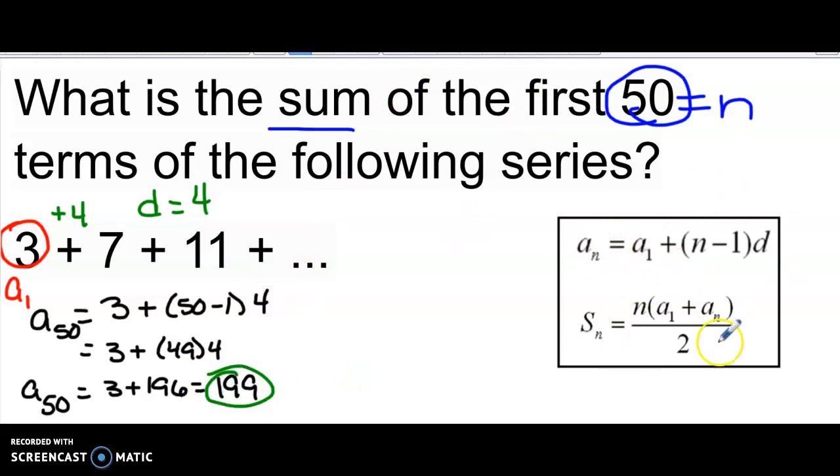Now I'm going to plug all of it into my sum. Remember S stands for sum. So the formula for my sum is going to be S sub 50 is equal to 50 times my a sub 1 value, which is 3, plus my a sub 50 value, which is 199, all over 2.